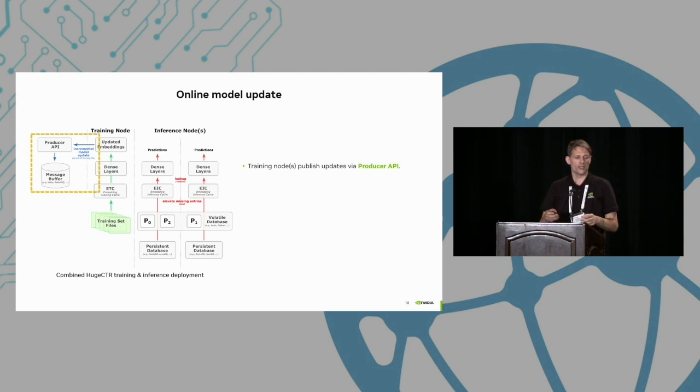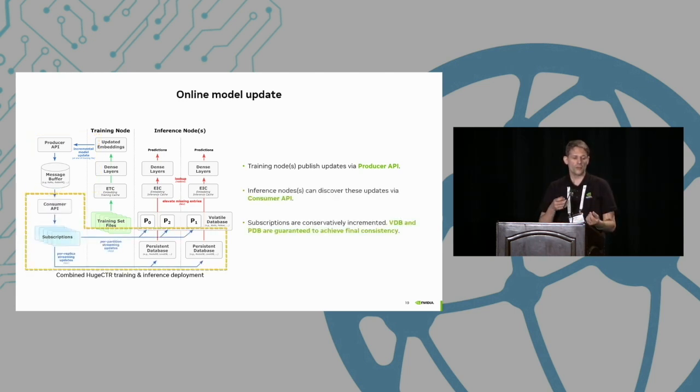The training node can directly publish its model updates via our producer API. The producer API will automatically organize, sort, and batch the updates and deliver them into a Kafka message queue. Via our consumer API, each node with VDB or PDB can automatically discover and ingest compatible Kafka message queue updates.